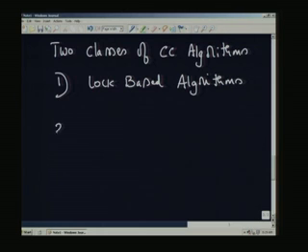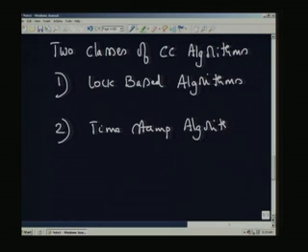The other class is the timestamp based algorithms. The timestamp based algorithms assume that the system is in an optimistic fashion and hence conflicts are rare.